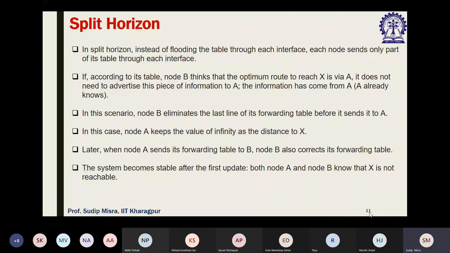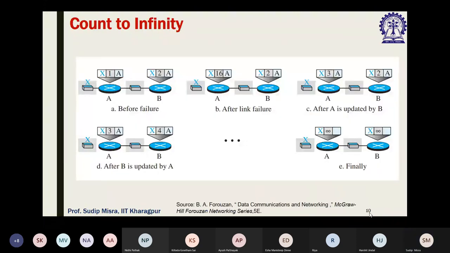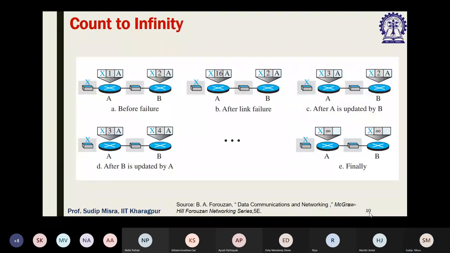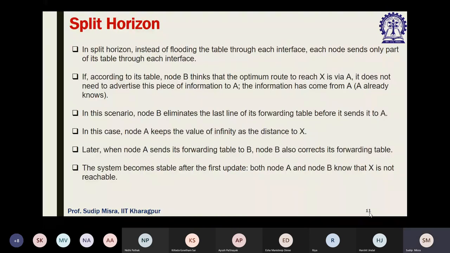In split horizon, what it is suggesting is, instead of flooding the table through each interface, each node sends only part of its table through each interface. If according to its table, node B thinks that the optimum route to reach X is via A, then it does not need to advertise this piece of information to A. The information has already come from A, so A already knows.